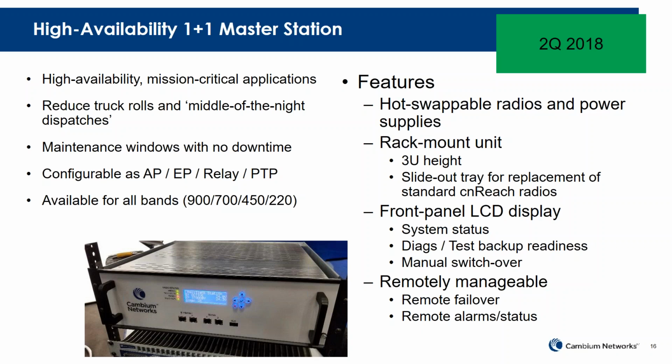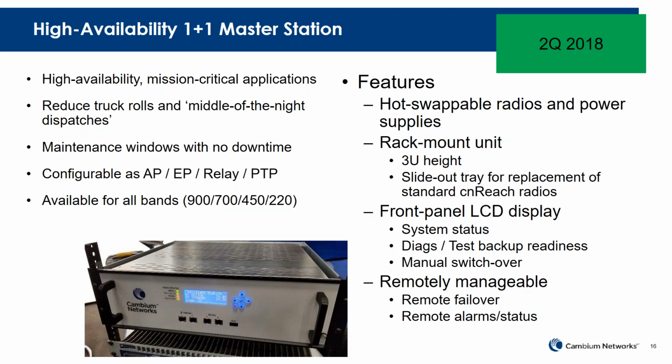That transition happens anywhere from a couple of seconds to, in some cases with large point-to-multipoint networks, a few seconds. But the nice thing is you can have the system automatically come back online with the backup radio, and everything keeps running smoothly. You can then go do your maintenance at a more convenient time.